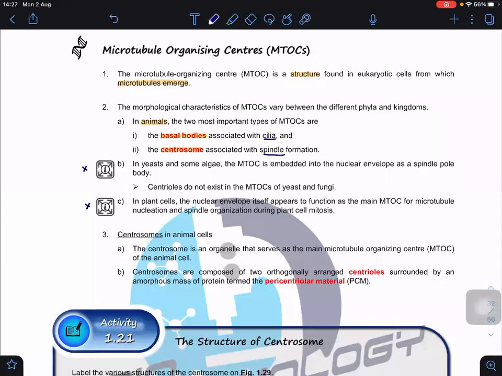It tells you that different organisms have different organelles to perform the MTOC role. But what we need to know for animals are the basal body and the centrosome. These two will be involved in the organization of the microtubules.